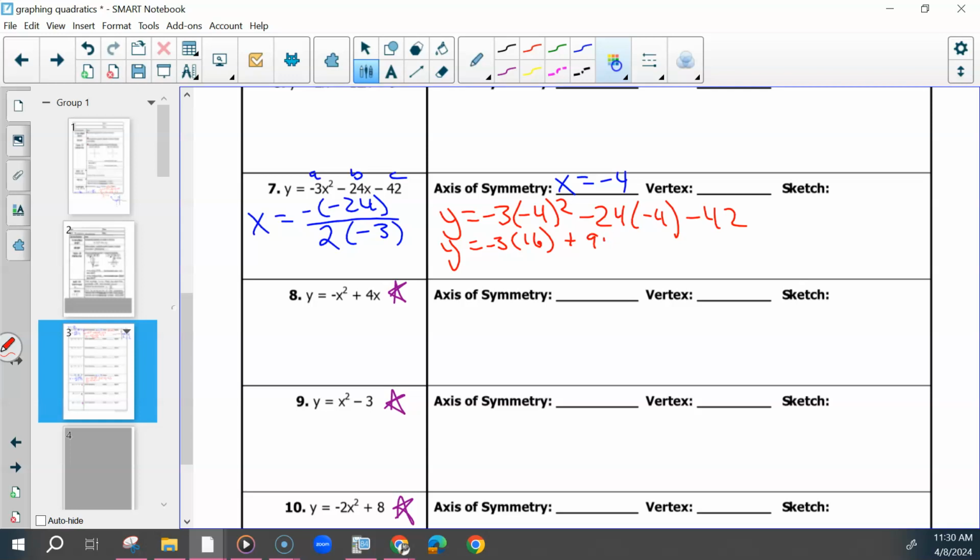What is your y value? Positive 6. We all get positive 6.